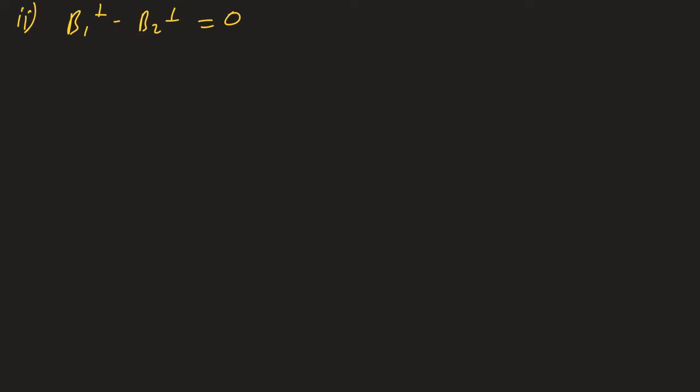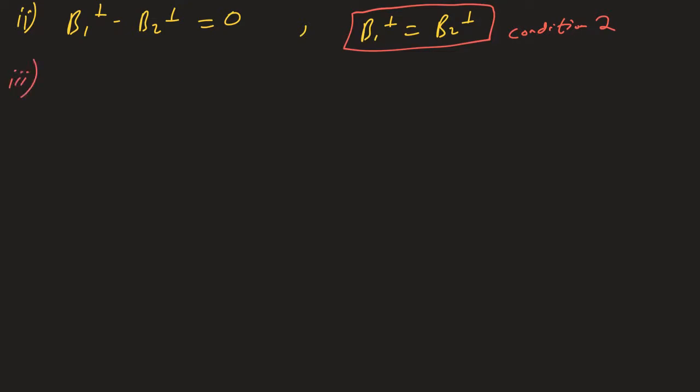So our second condition is that B1 perpendicular is equal to B2 perpendicular across the interface. I'll put a box around this, and this is condition 2. And similarly, we get our third boundary condition, which is that E1 parallel is equal to E2 parallel.